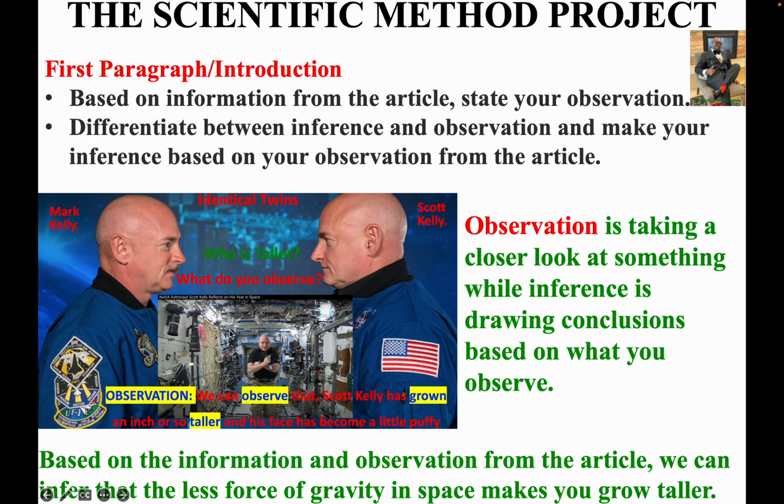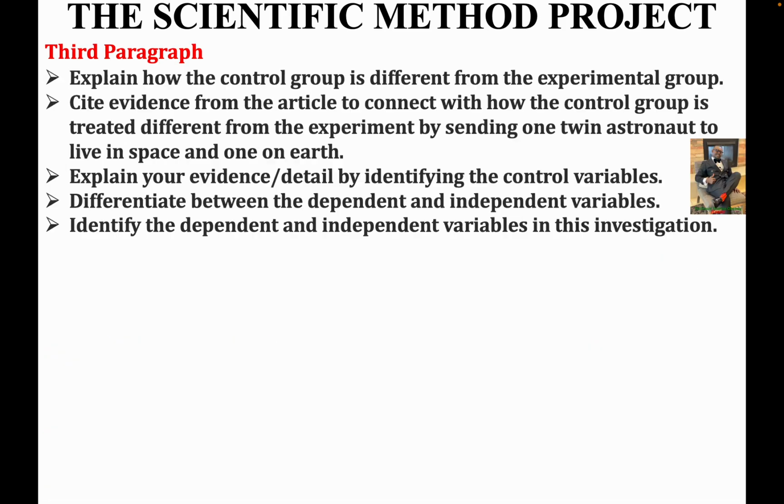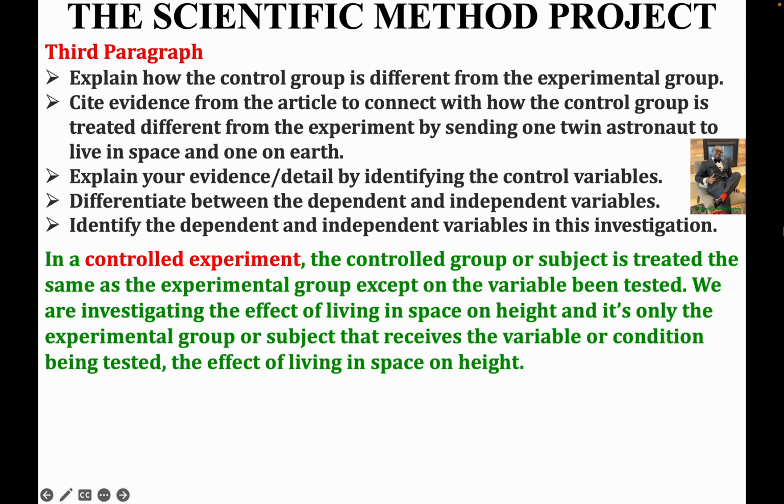Okay, so they were measuring the effect of living in space on height. So that's the only way the control group is different from the experimental group. All right, so we are investigating the effect of living in space on height. And it's only the experimental group or the subject that receives the variable or the condition being tested.